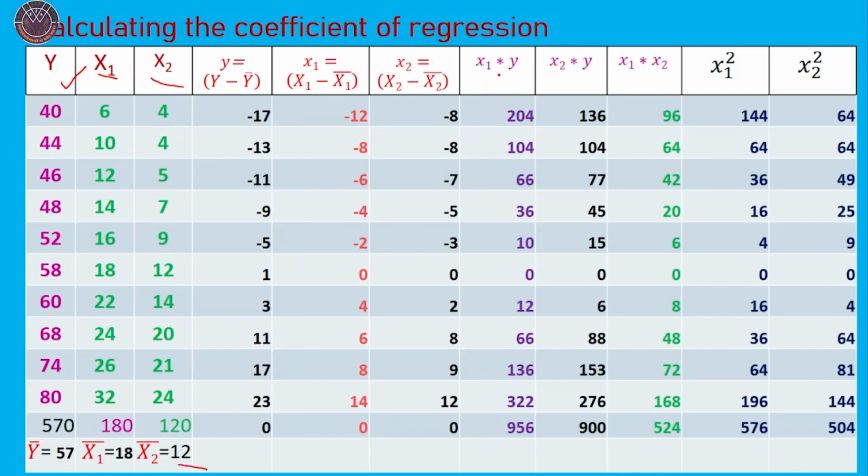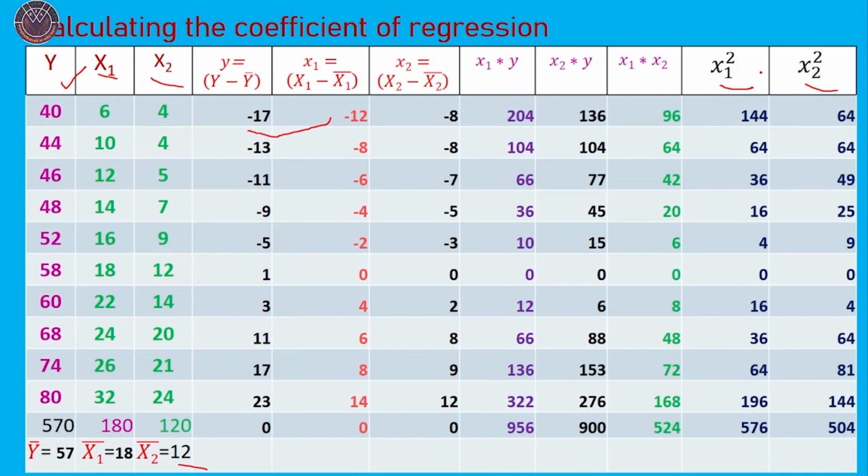Then we have to obtain small x1 into y, the multiplication of each x into y. Then we also have to calculate small x2 into y, and small x1 into x2, and lastly x1 square and x2 square.